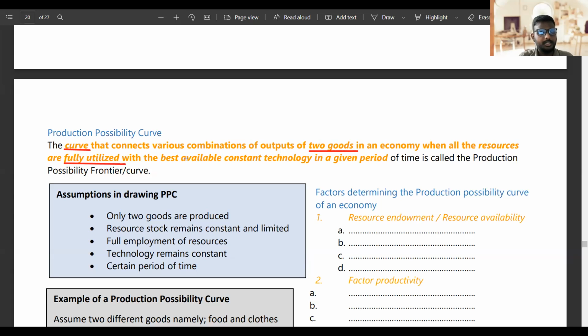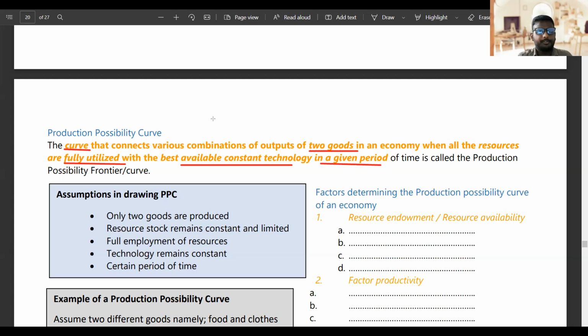And also you have to say we are using the best available technology in a given period. I have given the definition in the shortest possible way. Even when I look at it, I don't think I'll be able to cut down any words here. So all those words and phrases are supposed to be in there.